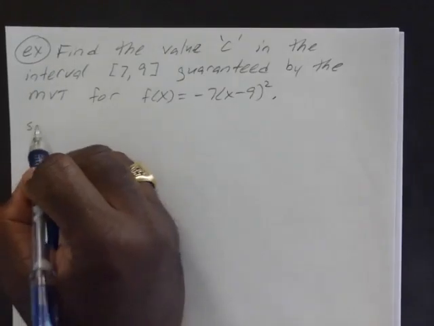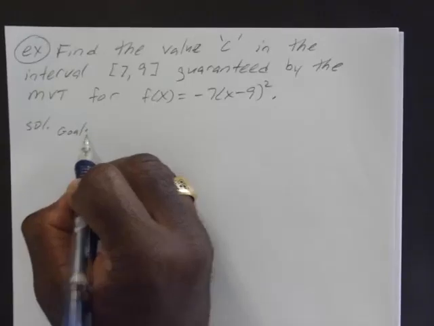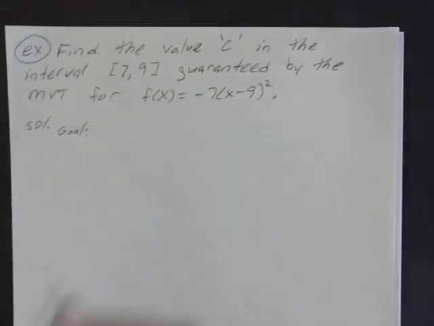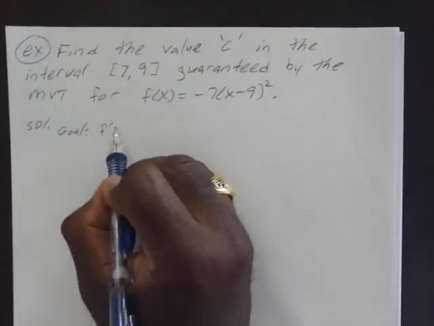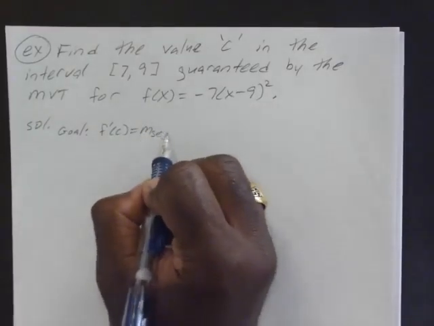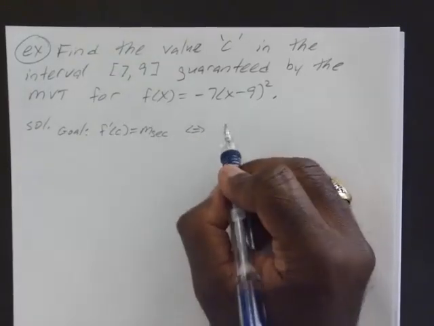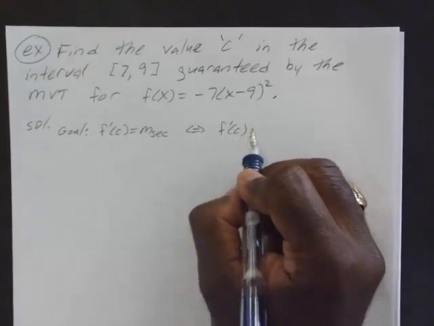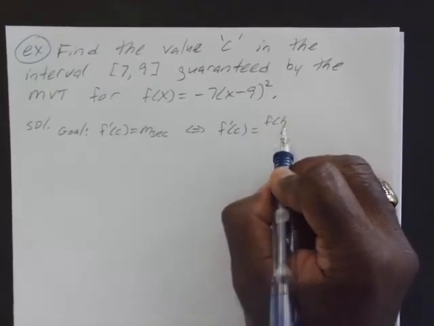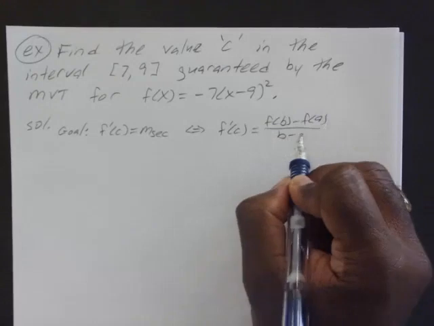Okay, so for this one, remember the goal: whenever you see a mean value theorem problem, you want to find where f prime of c is equal to the slope of the secant line, which is the same as saying you want where f prime of c is equal to f of b minus f of a all over b minus a.